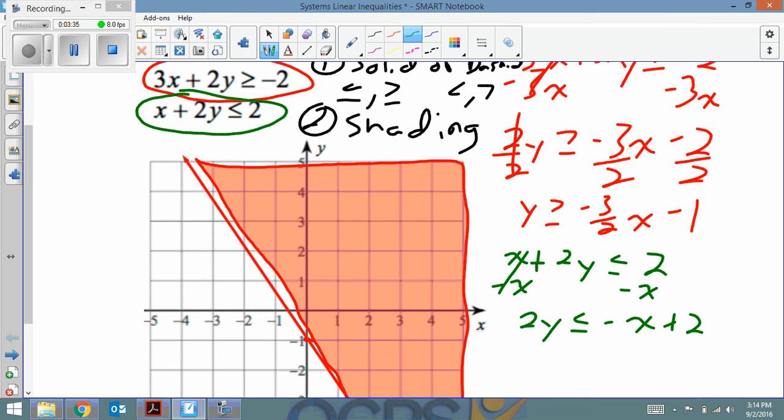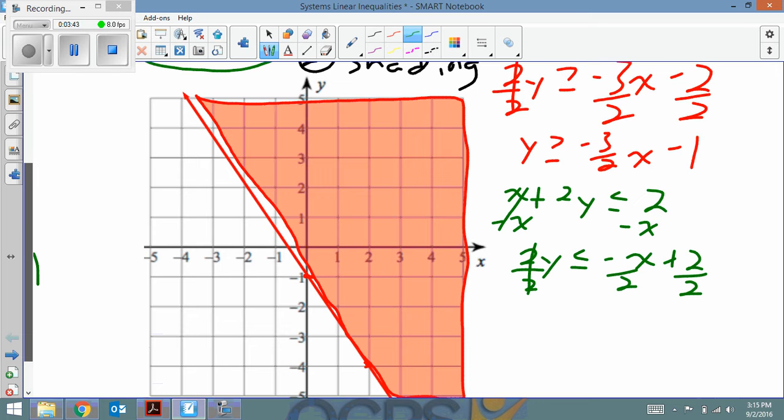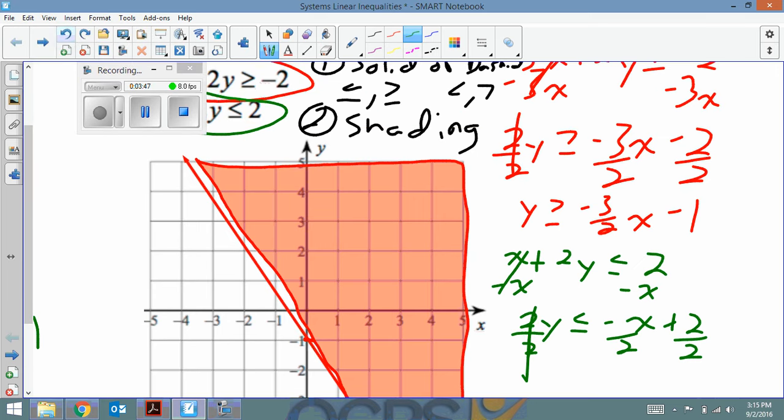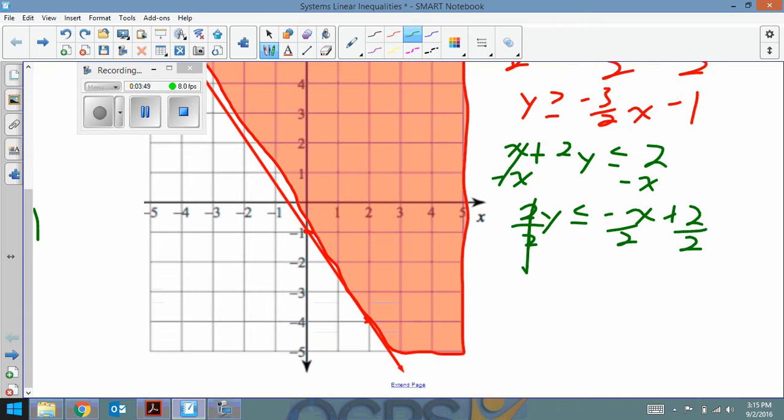And then again, we're dividing everything by 2, so we don't have to flip our sign because it's not negative. So we get y is less than or equal to negative 1/2 x plus 1.